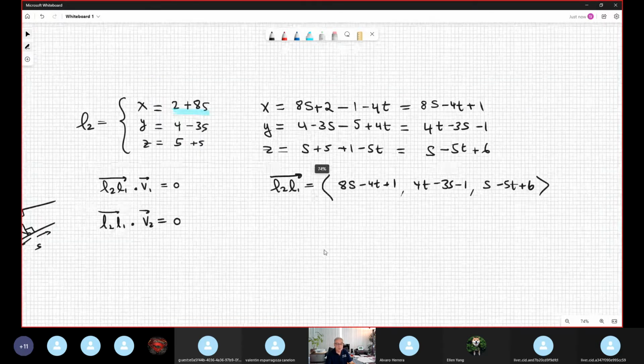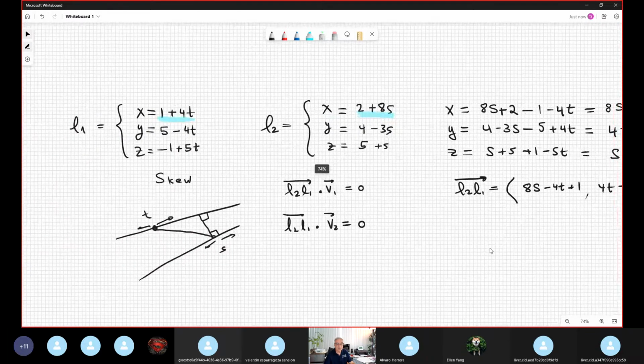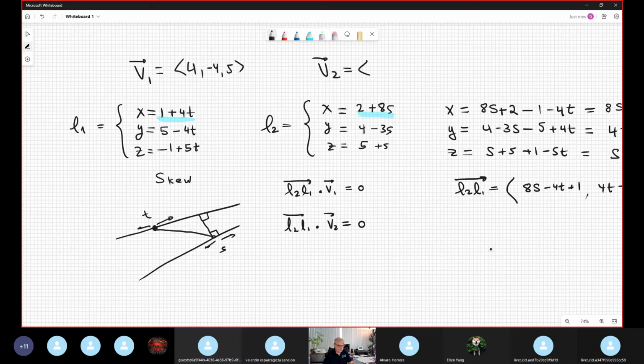Well, b1, the line 1 direction vector, is (4, -4, 5). And b2, the direction vector, is (8, -3, 1).